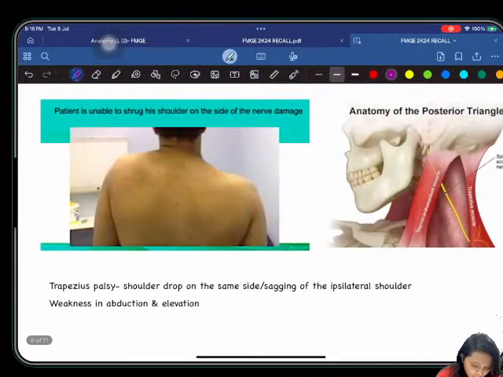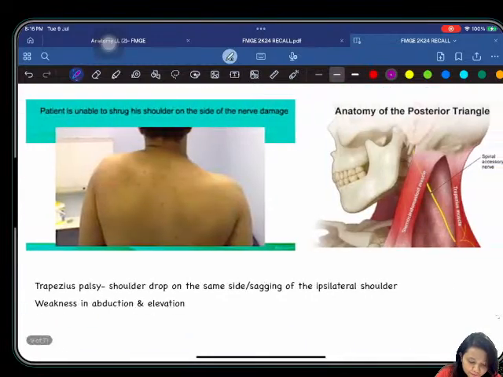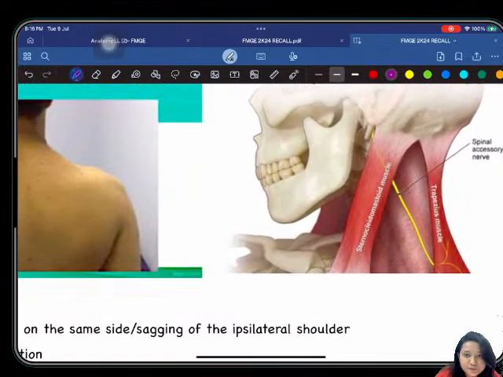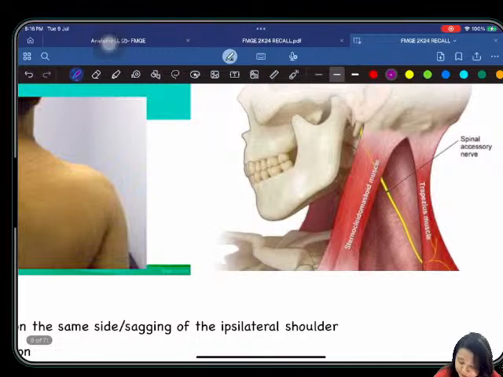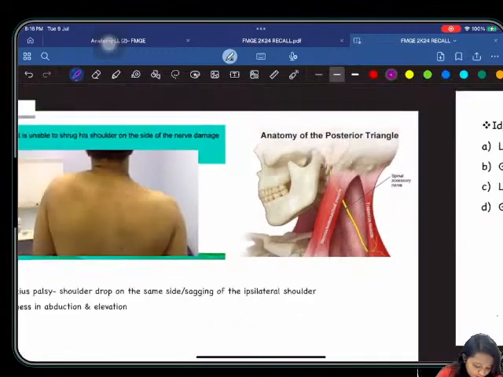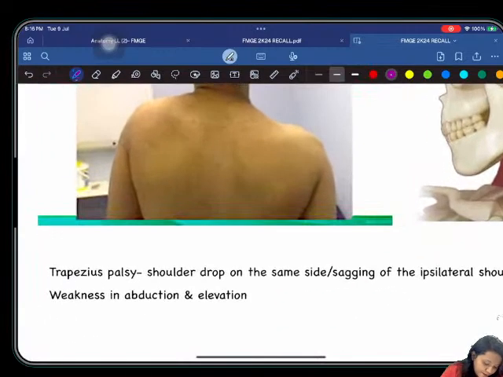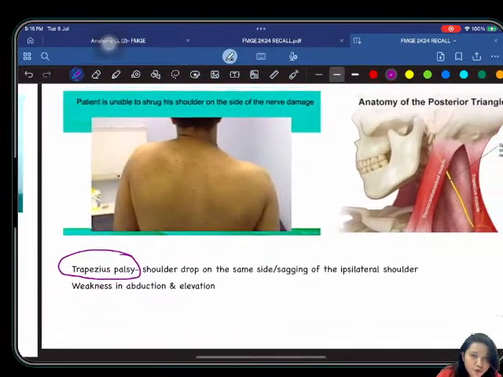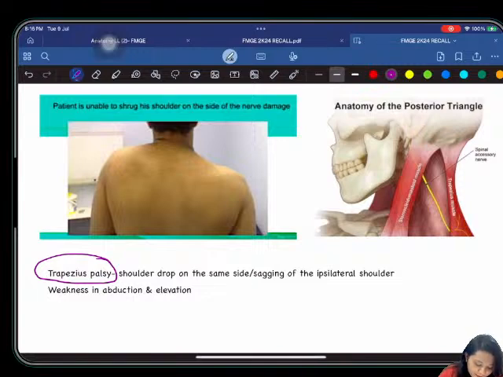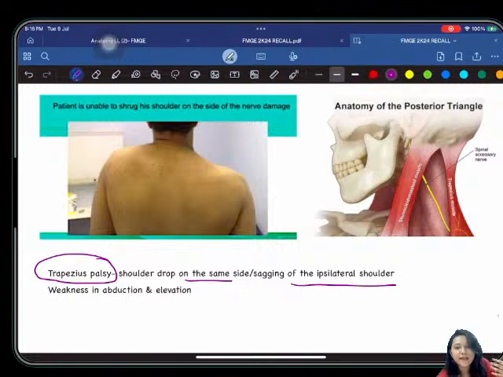You can see this nerve in the posterior triangle. The spinal accessory nerve can easily get damaged, and if it is injured there will be trapezius palsy. The shoulder will drop on the same side, meaning sagging of the ipsilateral shoulder, so there will be loss of shrugging.